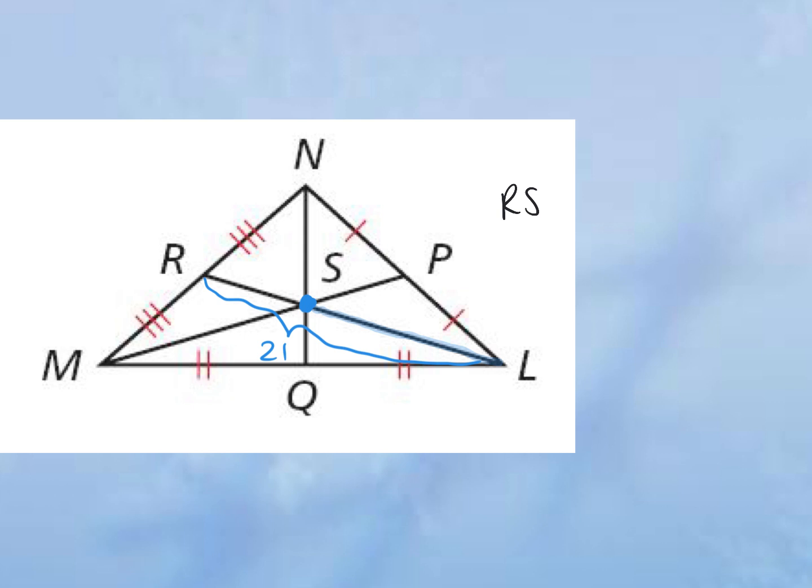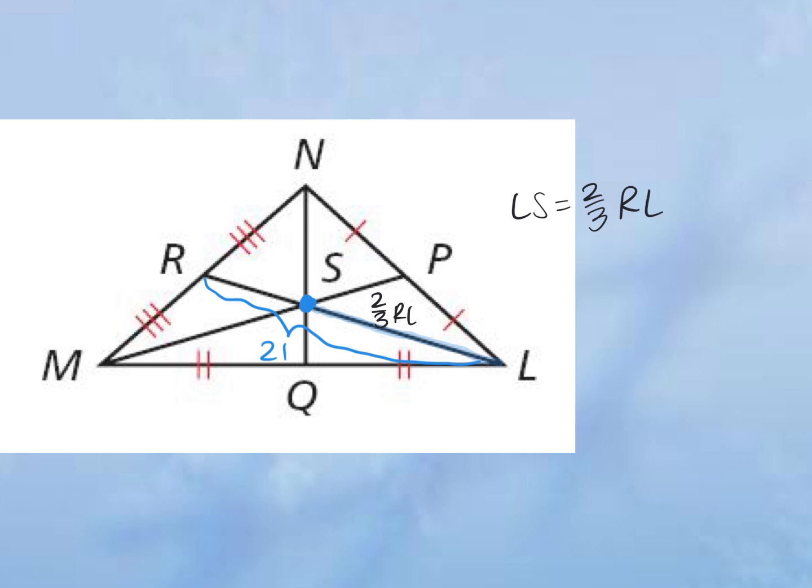Okay, perfect. But let's take it one step at a time. So you guys agree that LS is how much in regards to RL? 2/3. So let's write that in there. It's going to be 2/3 whatever RL is, correct? So we should write LS is equal to 2/3 RL.